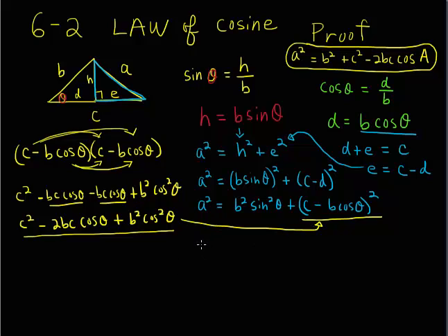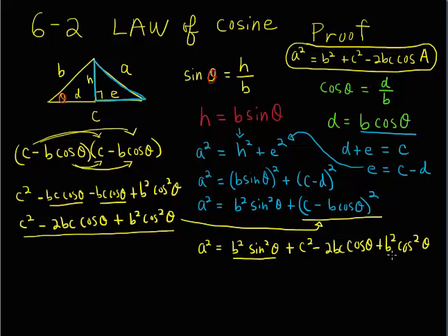So going back to yellow again, we're gonna get a square is gonna equal b square sine square theta plus all that stuff that we got. As we simplify that, we're gonna get c squared minus 2bc cosine theta plus b squared cosine square theta. Now if you look at it very carefully, we have a nice little term.